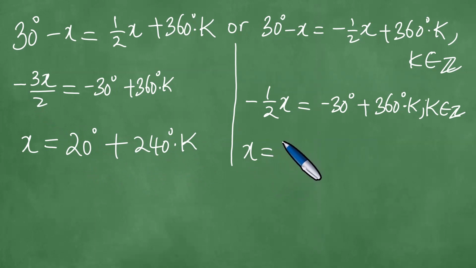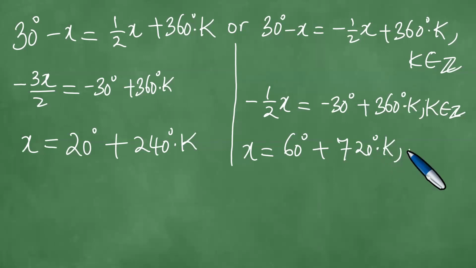You do the same here. You multiply by minus 2, both left and right, getting 60 degrees plus 720 degrees times k, k in the integers.